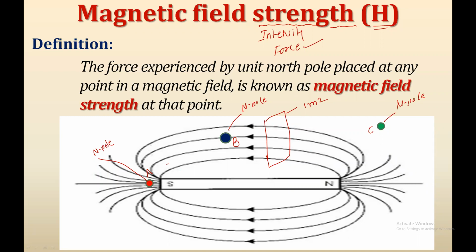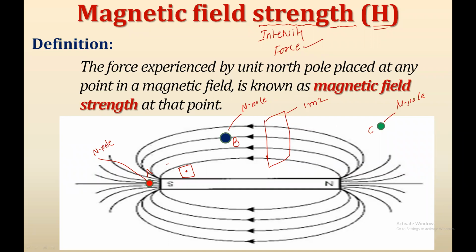Then what happens to the flux density if we take that plane near the magnet? Near the magnet, the magnetic lines of force are very strong and in large number. It means that the flux density at this point is very high. And if I take the area plane away from the magnet, then definitely fewer magnetic lines of force pass through that area.